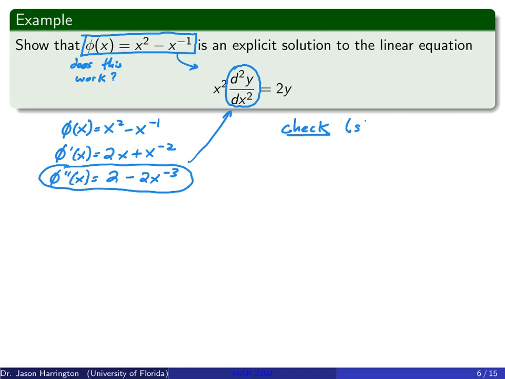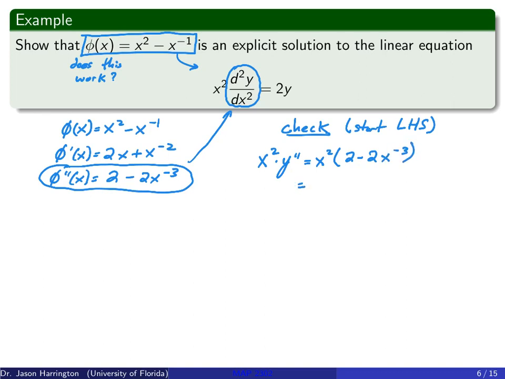And again, I'm going to start on the left-hand side and see if I can end up with what's on the right-hand side. All right, so I have x squared times y double prime, and I'm going to substitute my phi in there and see what happens. So I have x squared times 2 minus 2x to the negative 3.